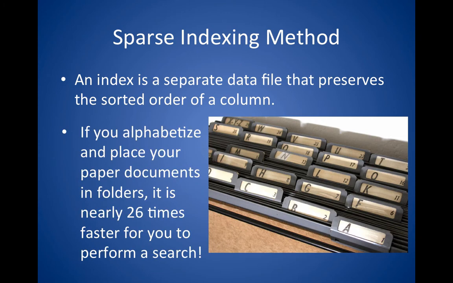So if you alphabetize all of your big documents and put them into folders, intuitively that's like 26 times faster for you whenever you need to go find something. So if you know that the case starts with the letter P, you go straight to the P folder and start searching, and you don't have to search through most of the alphabet. So your searches are much faster.